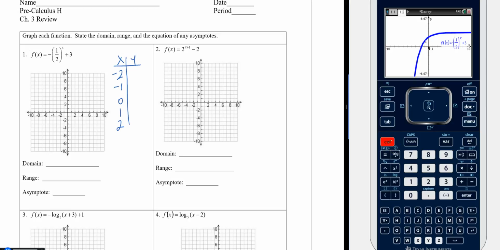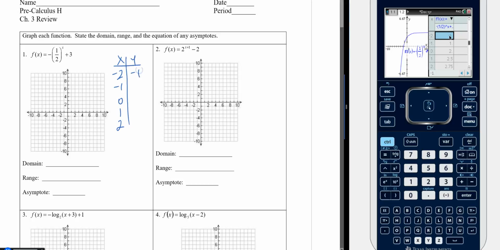And then I'm going to do Control T to add a table, and I'm just going to use the table to fill in my values. So -2 gives me -1, -1 gives me 1, 0 is 2, 1 is 2.5, and 2 is 2.75.